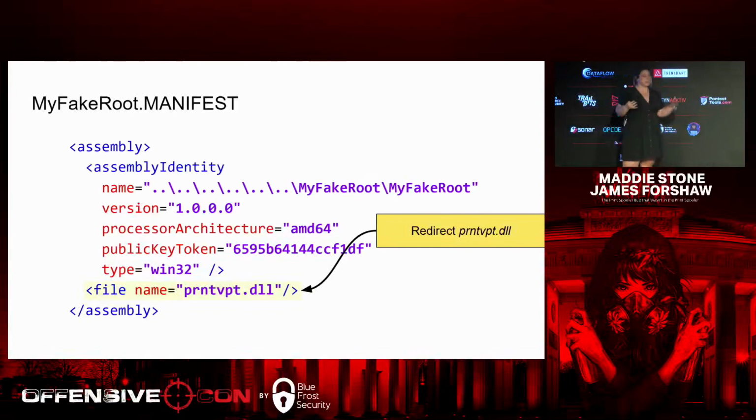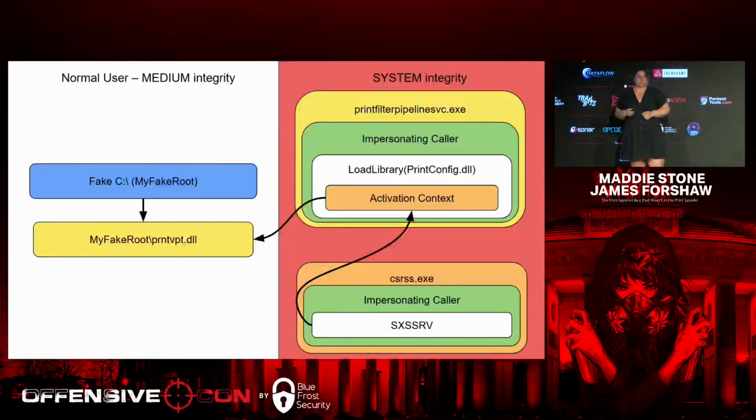Because this is in a dependent assembly, it's going to first look within that same folder of myFakeRoot. And so now we've crafted the activation context within this privileged process. Print filter pipeline service is a local service which runs under system integrity, and it's going to look and load myFakeRoot print.vpt.dll.